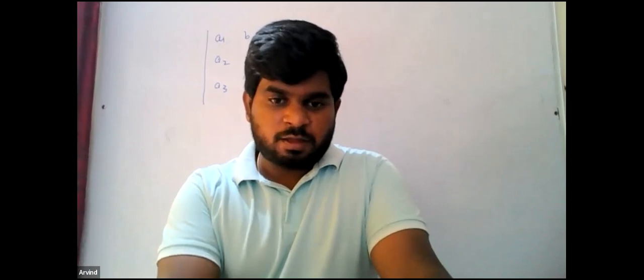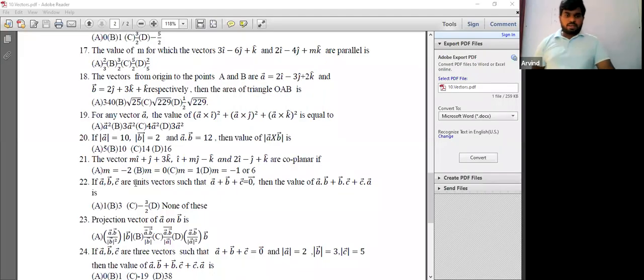It is kind of coplanar, same formula. So using this condition, find the value of m. The first row is m 1 3, second row is 1 m minus 1, third row is 2 minus 1 1. So determinant of this is equal to 0. Based on this condition, find the value of m.